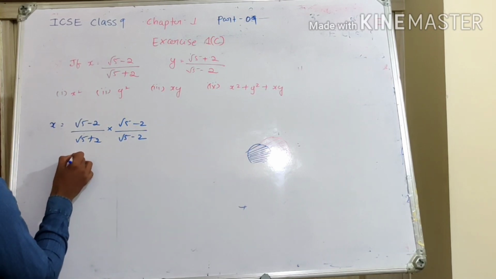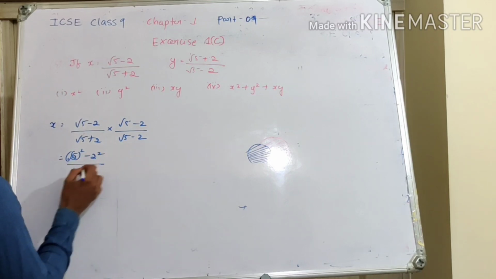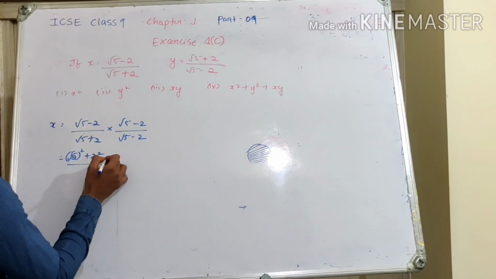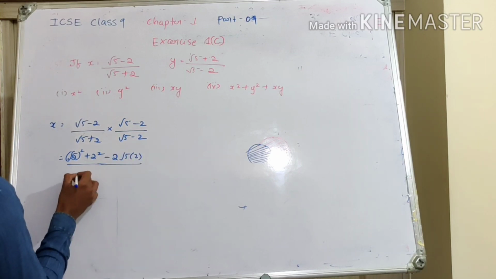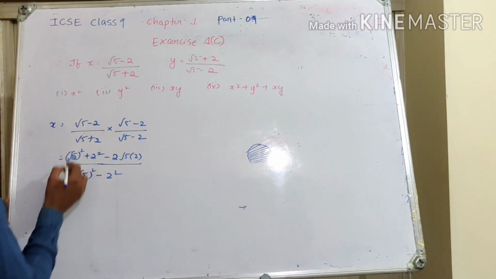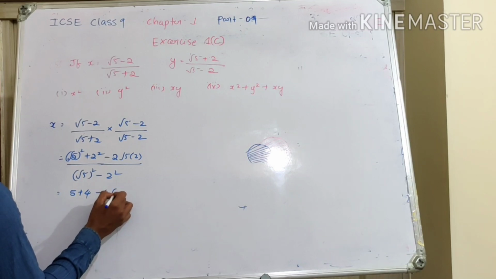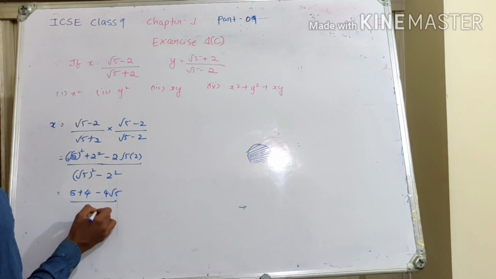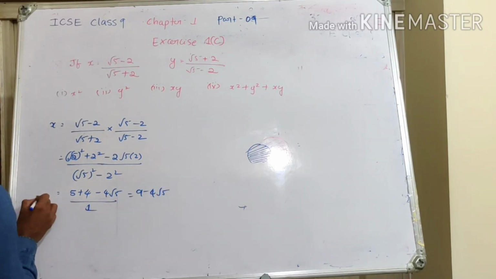So we end up with root 5 square minus 2 square divided by root 5 plus 2 square, which gives 5 plus 4 minus 4 root 5 divided by 1. This is 9 minus 4 root 5, that is x.